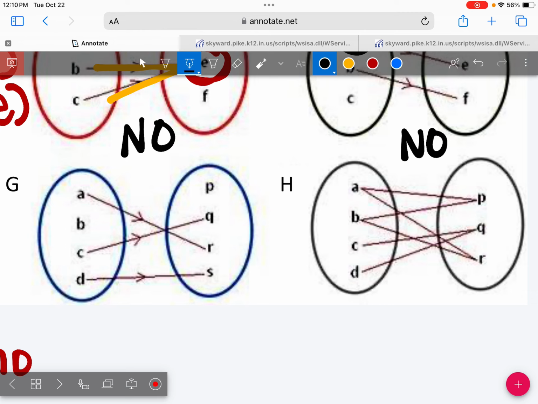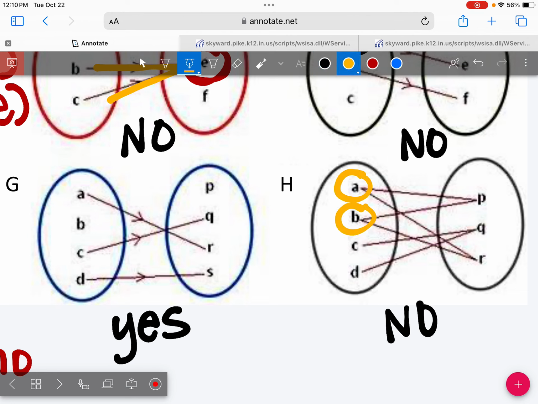What would you say for G, yes or no? Yes. What about H, yes or no? No. Definitely a no. A repeats, B has a repeat, P, Q, and R, they all have repeats.